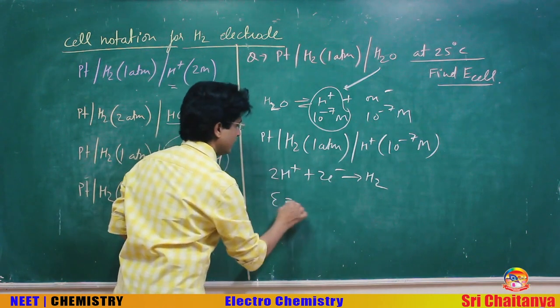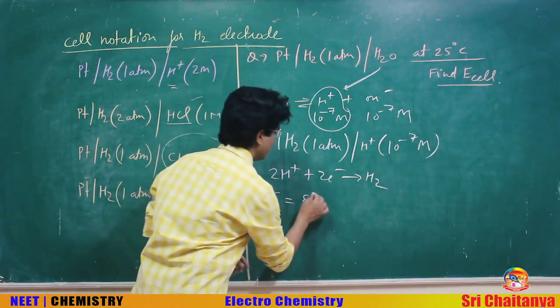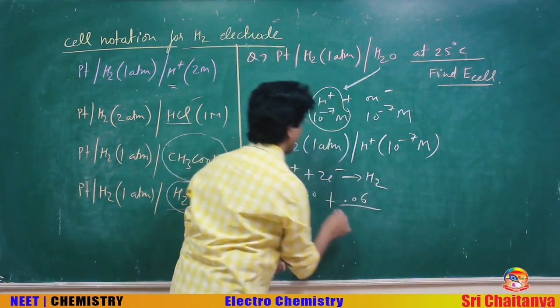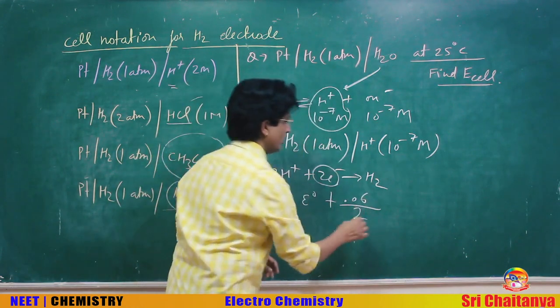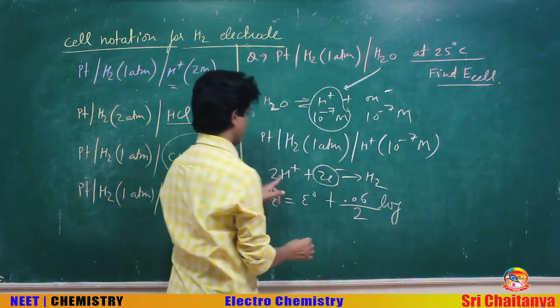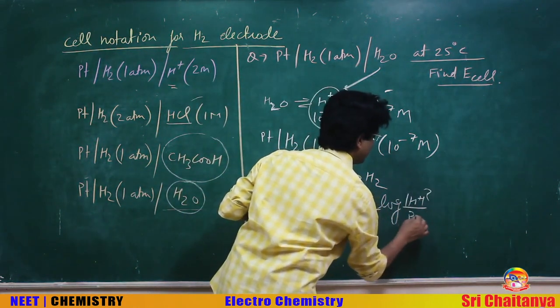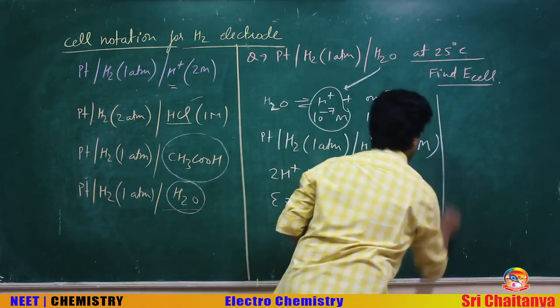So now applying Nernst equation, E will be E naught. E naught for hydrogen is 0 plus 0.06 upon how many electrons? 2 electrons. Log of reactant, what is that? H ion whole square upon partial pressure of hydrogen. So we can solve it.